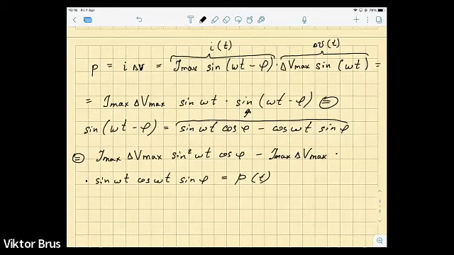And the most reasonable time interval under our conditions would be to consider a period of the AC signal, which is capital T. So for that purpose, we need to integrate this function, the integral of P as a function of t dt from 0 to this time, which is equal to the period of the AC signal.